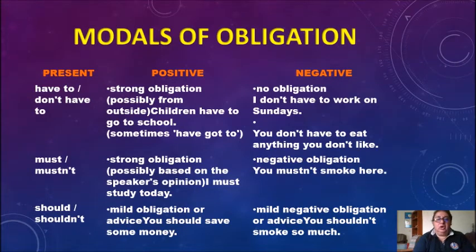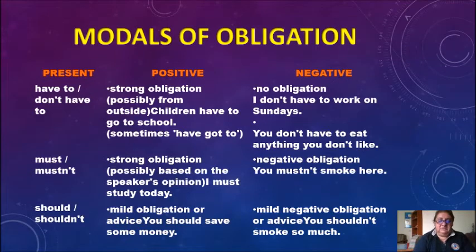Children have to go to school. Sometimes have got to. But as a negative, it says no obligation. I don't have to work on Sundays. You don't have to eat anything you don't like.